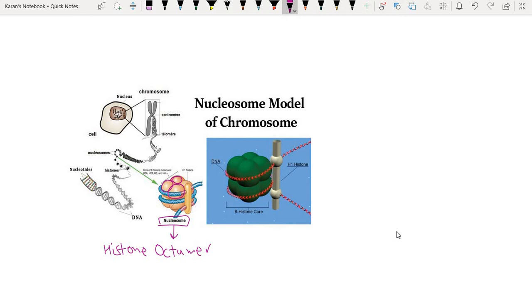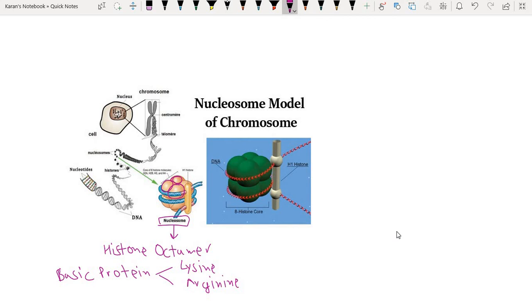And I have already told you that histone proteins are the basic proteins because of the 2 amino acids. Let me write it here as well, basic protein histone, because of 2 amino acids, one is lysine, the other one is arginine. So these are found in the eukaryotic cell.